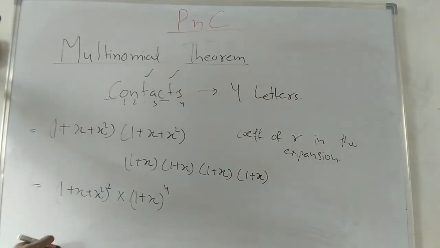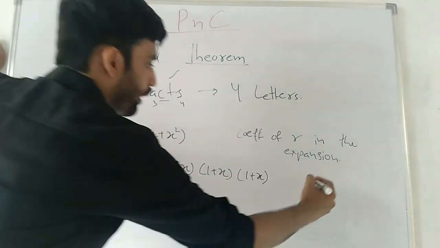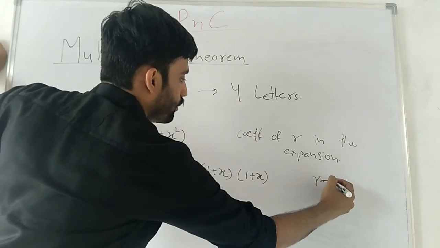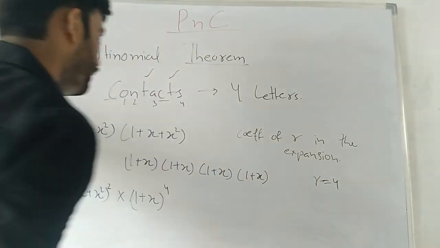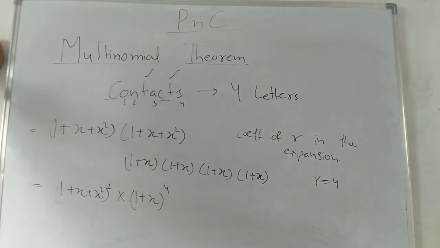So now we can solve it, and then we will find the coefficient of r, and r is here 4. So we will find the coefficient of x to power 4.